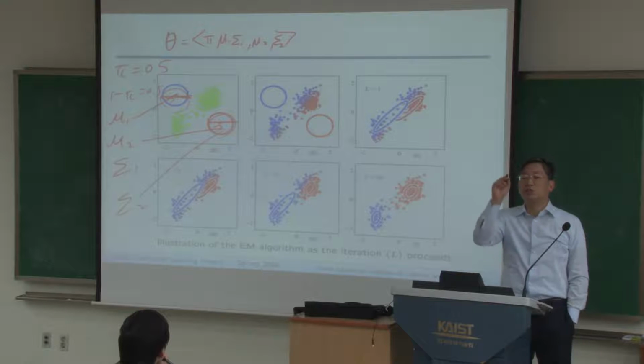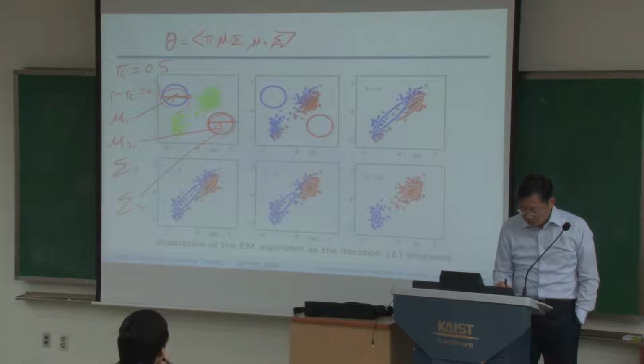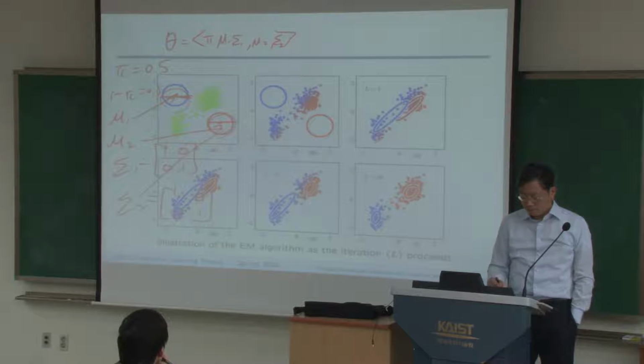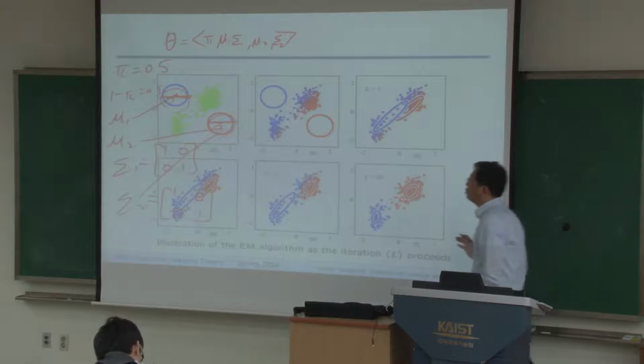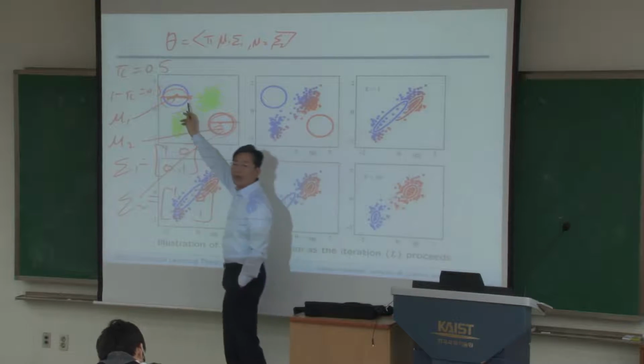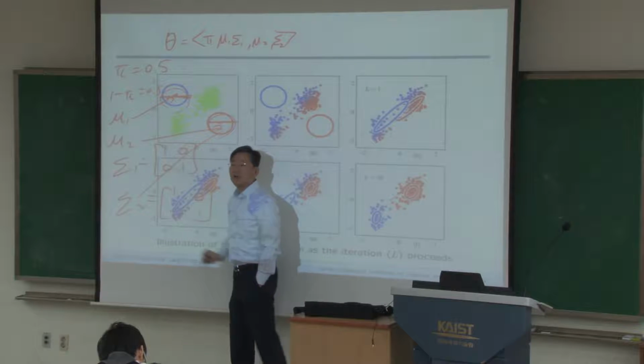It's a circle, so I should write it this way. It's a matrix, both of them, 1, 0, 0, 1. Okay? The same size circle. That's my initial guess of that. Okay?